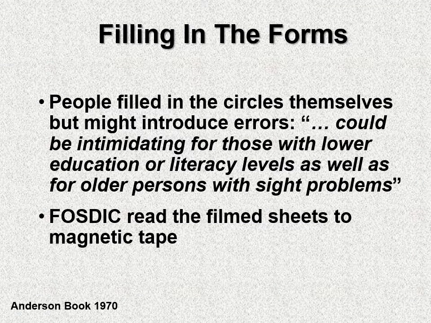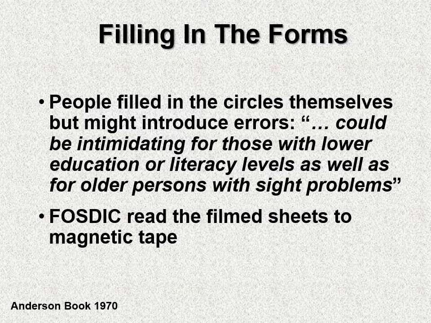Now, the way the forms were filled out in 1970 was that the respondents filled in with pencil circles their answers. In 1960, respondents got a questionnaire, and the enumerator transferred the answers to a form called a FOSDIC form, which had the circles.